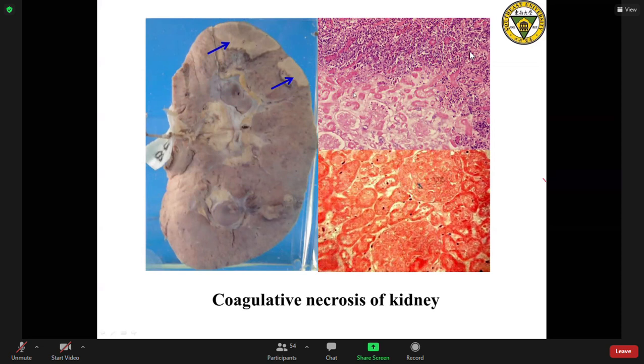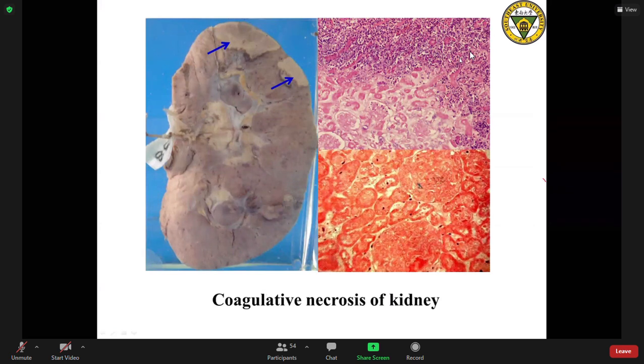Microscopically, here, many inflammatory cells around this area. This area is necrotic tissue. We also can see the glomerulus. This is glomerulus and tubule. Yeah, maybe some proximal or distal tubule around the glomerulus. But this pink area, no nuclei. No nuclei.